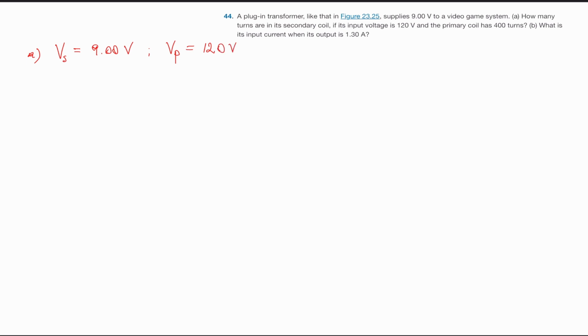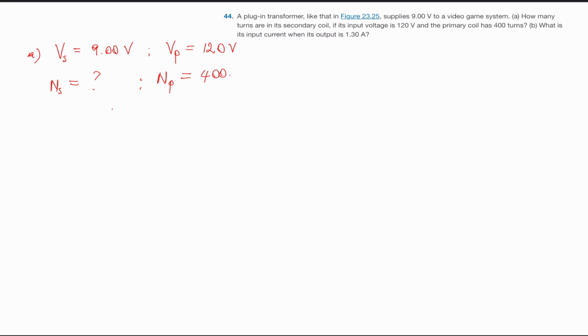Then we are interested in determining the number of turns on the secondary side, and we're informed about the number of turns on the primary side, and that, we were told, is 400 turns.